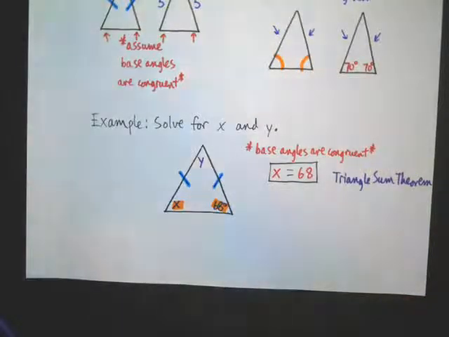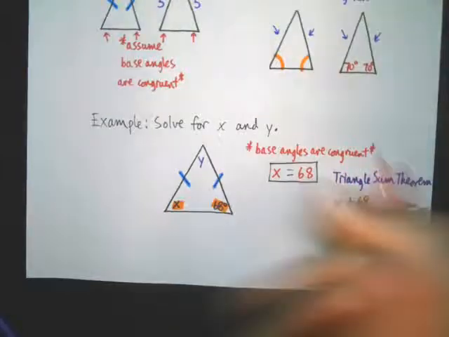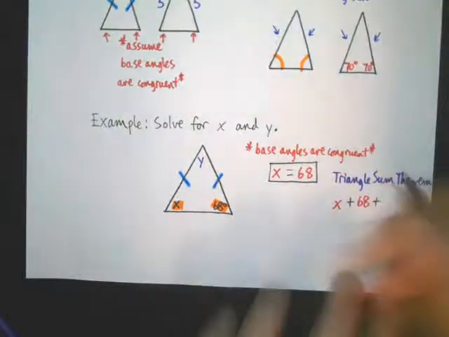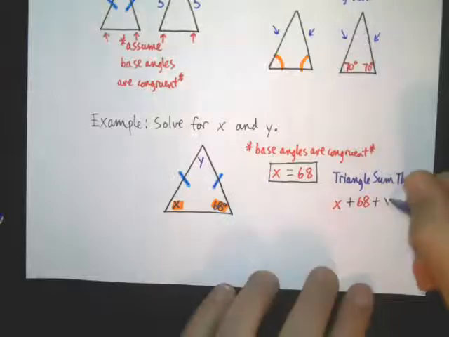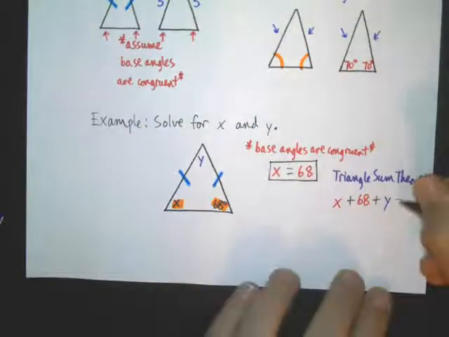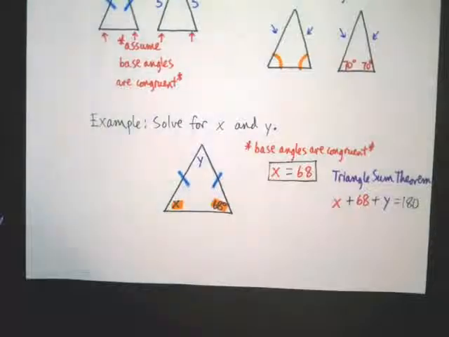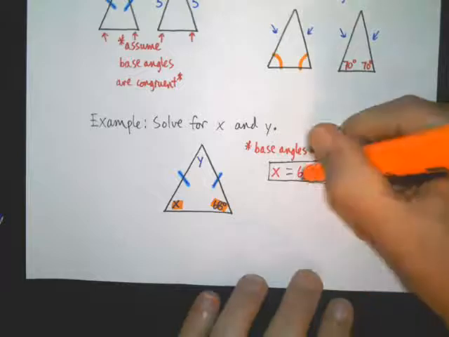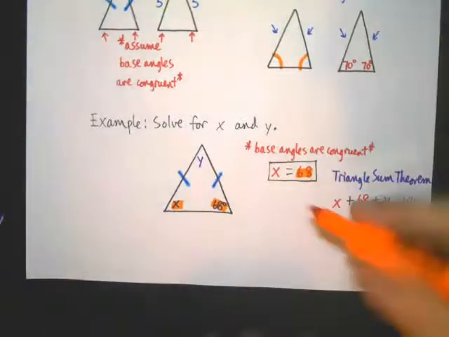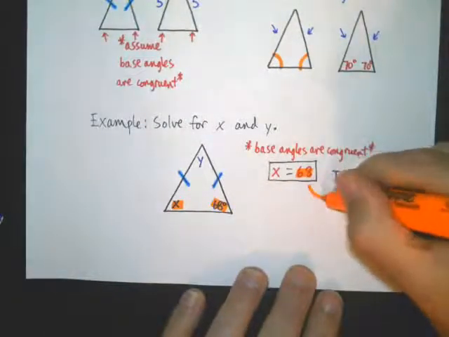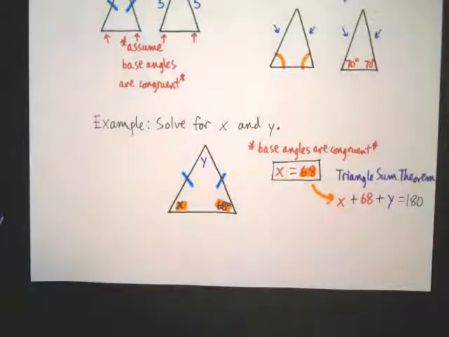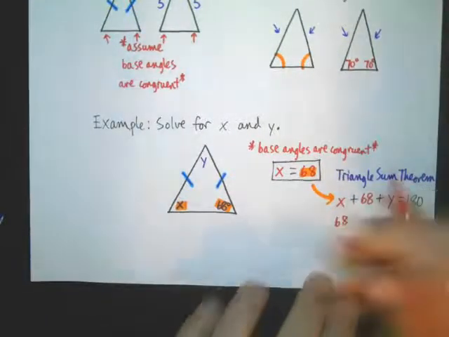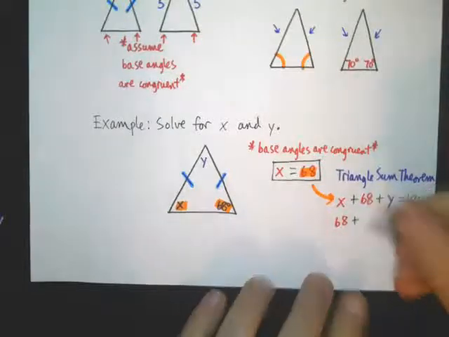So I'm going to take x and add that with 68, and add that with y and say that equals 180. Now, we know that x is equal to 68. So I'm going to substitute that right in here. And then say 68 plus 68 plus y equals 180.